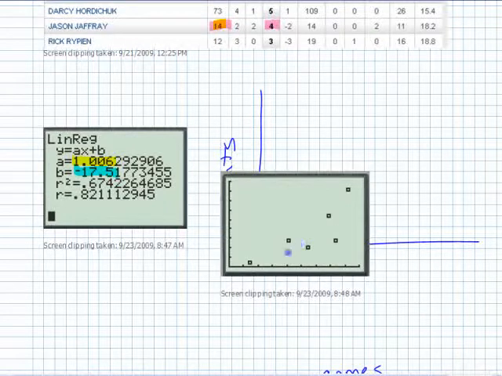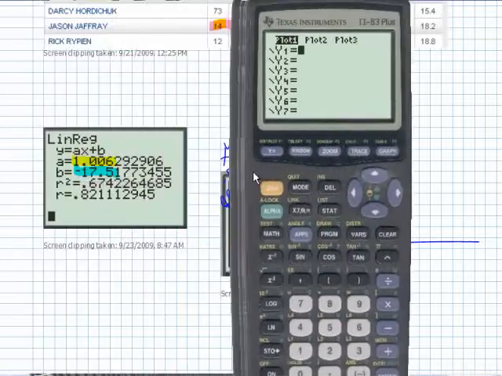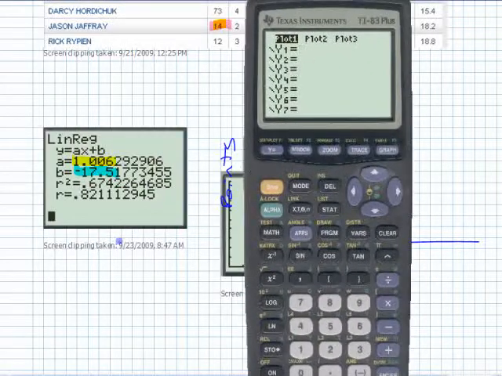But don't forget what you're doing is just trying to get the overall relationship. So if you're going to put that equation in, go to y equals and type it in. I know you maybe didn't copy it down, but it's up on the screen here. You can round it off.